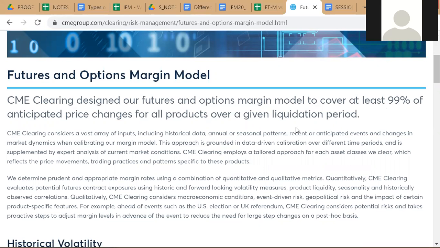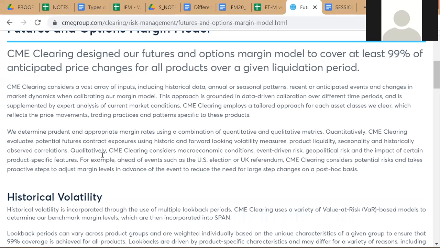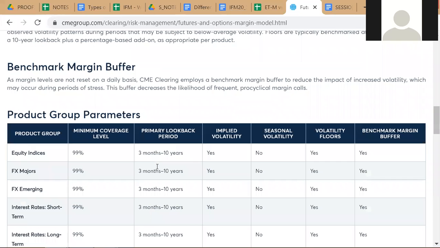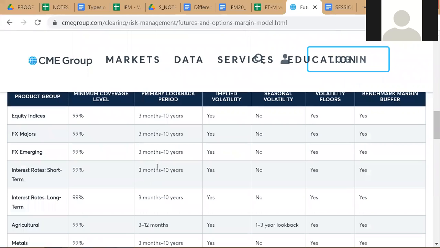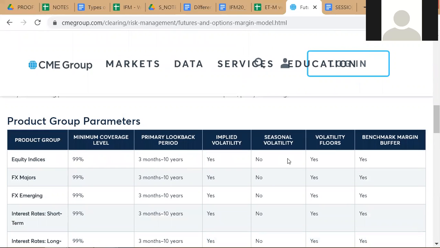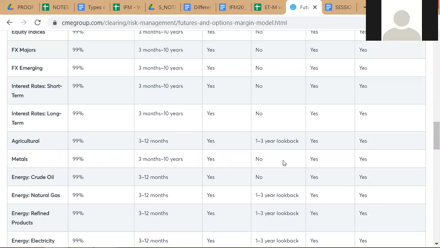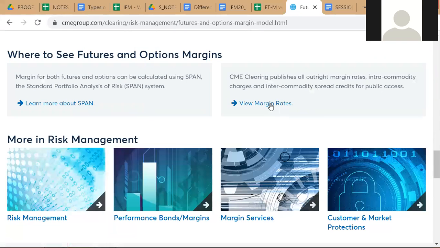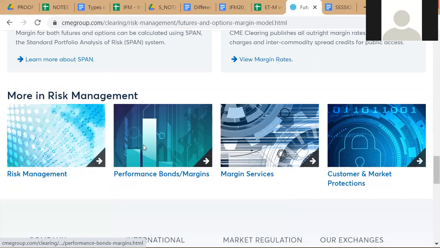So this is almost 3 sigma limits. Okay, so you can read about all this. And you can see all the different products, what kind of margins they have. You can see the margin rates and check the margin rate.